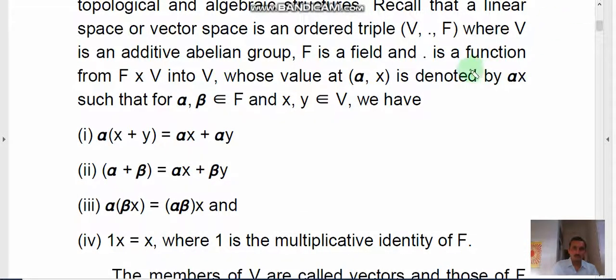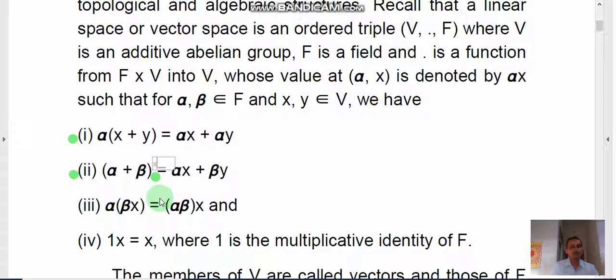So these properties are: first one, alpha into (x plus y) equal to alpha x plus alpha y. Second one, (alpha plus beta) into x equal to alpha x plus beta x.